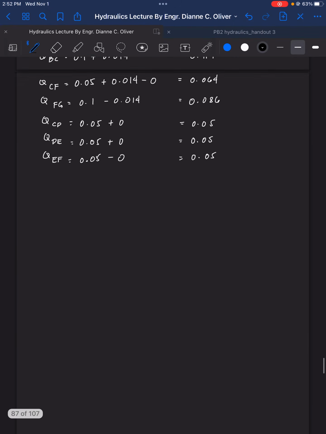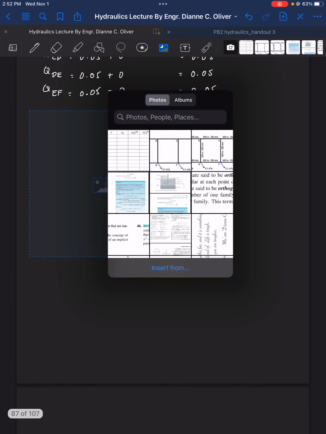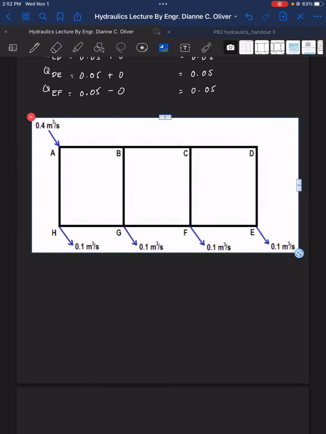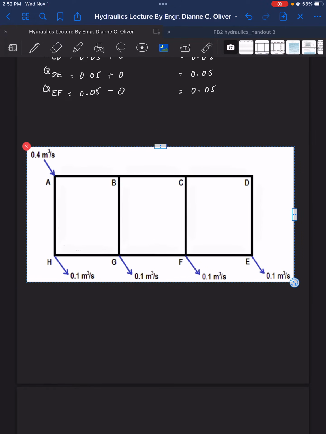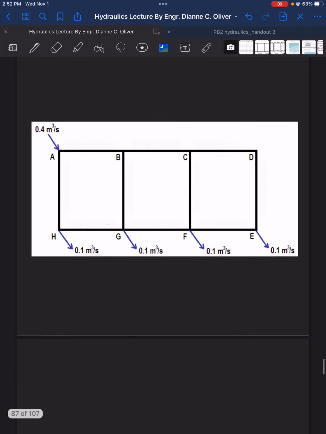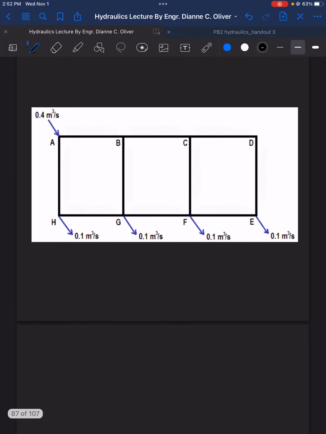Now, if you want to see for correction, so for continuity, that's why we're going to use this. So this is our flow a while ago, direction of flow.